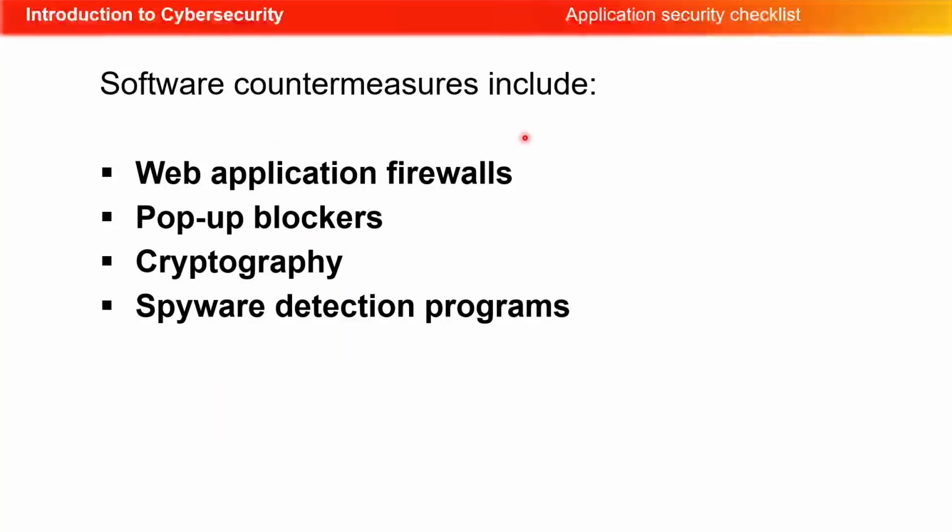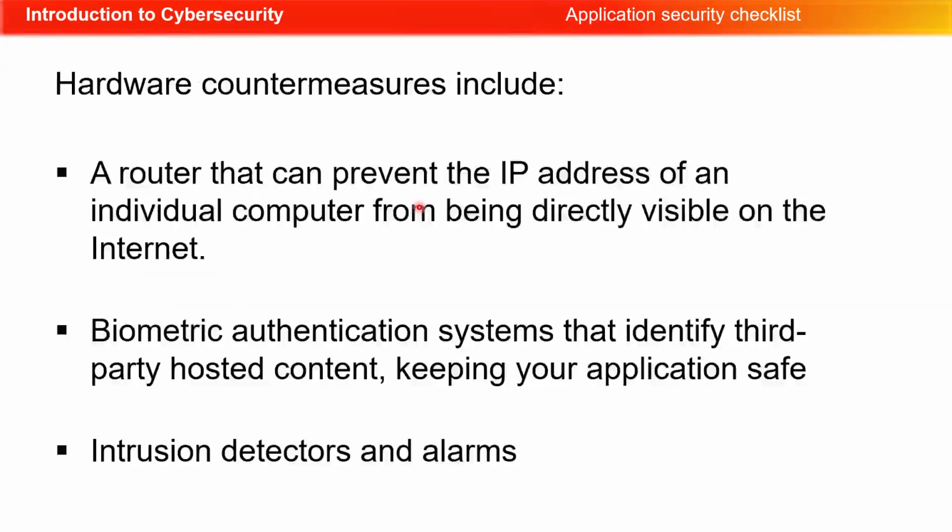The countermeasures to this include web application firewalls, pop-up blockers, cryptography, and spyware detection programs. So that means a lot of scanning for software or access that should not be running, and encrypting information.